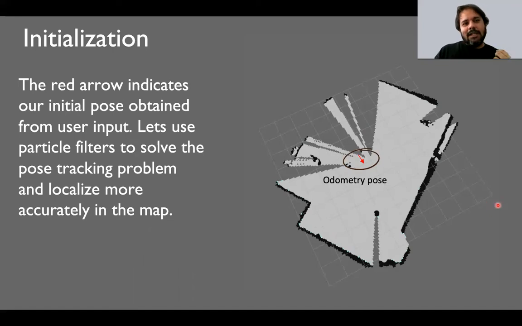So this red arrow is our initial guess on the pose of the robot, pose being where it's located and the direction in which it faces as well. And our job is that as this robot moves in the world, we want to keep maintaining some guesses of the latest pose of the robot.